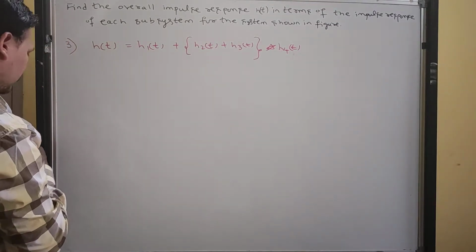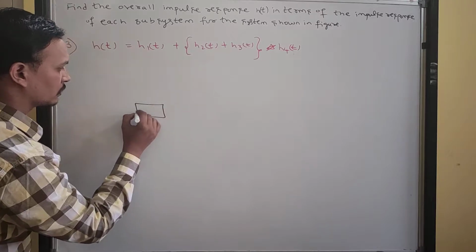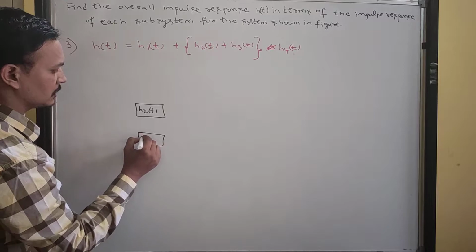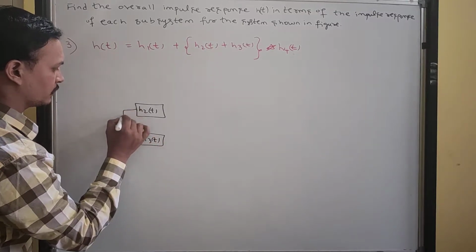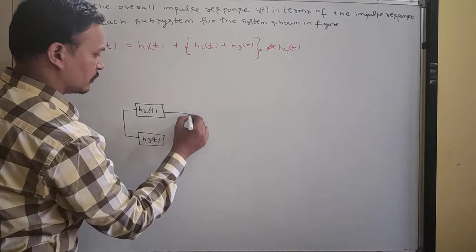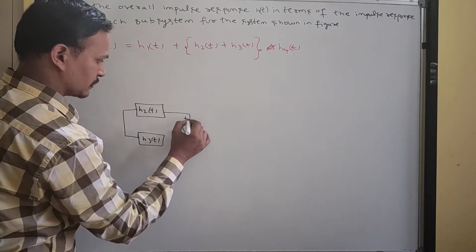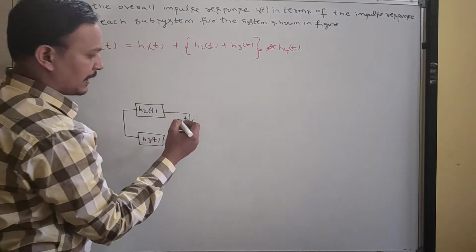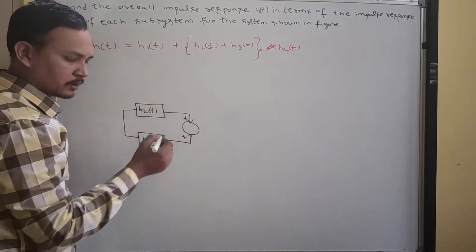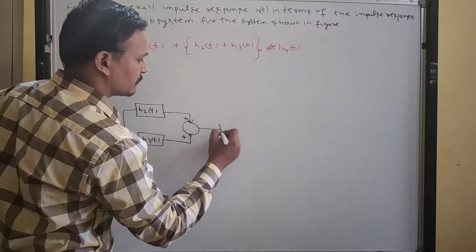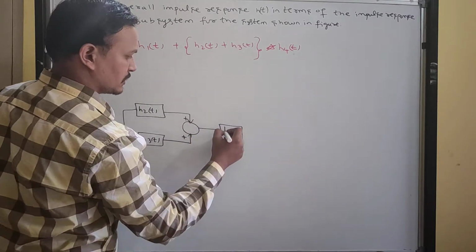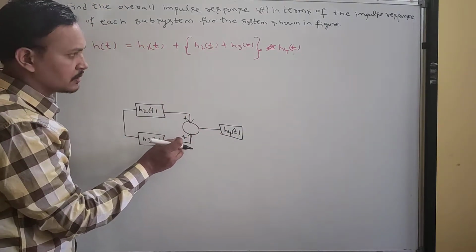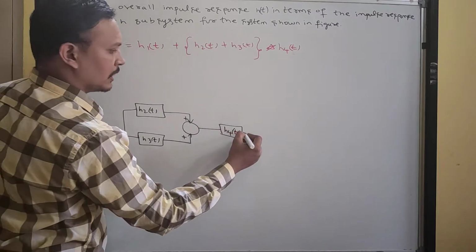Look here. I write h2(t) and another one h3(t). Both are connected to a plus. Whatever output we get from that is convolved with h4(t), since this set and this set are in series, so I can use the convolution sign.